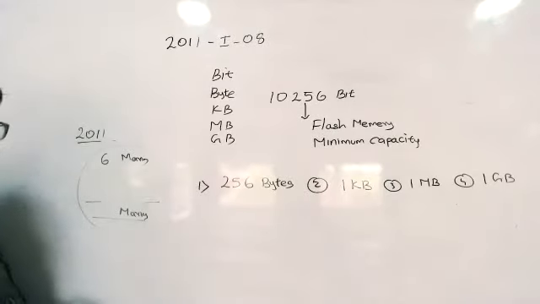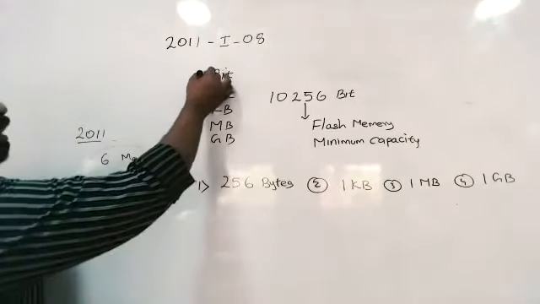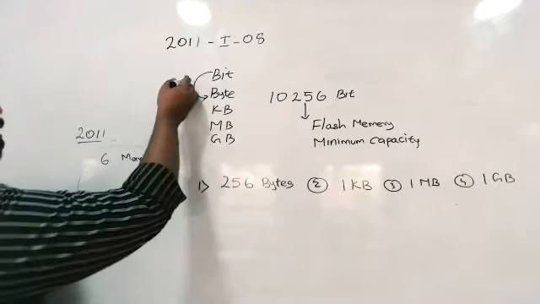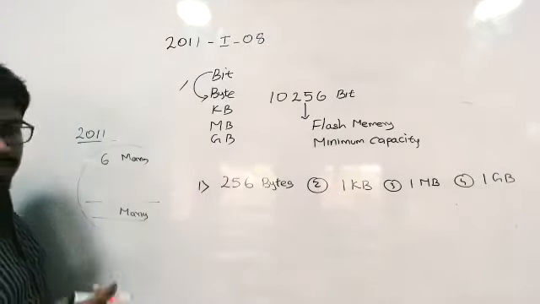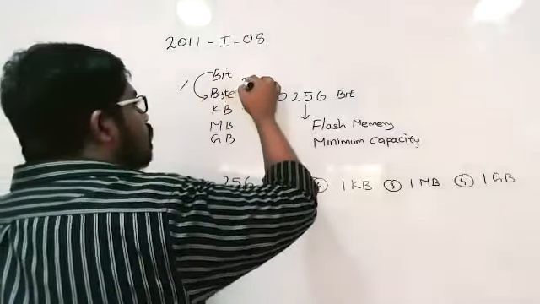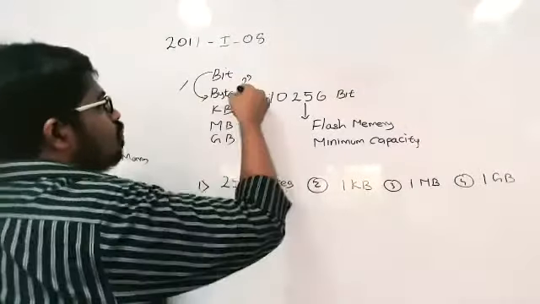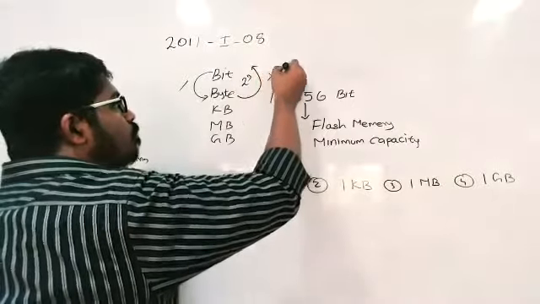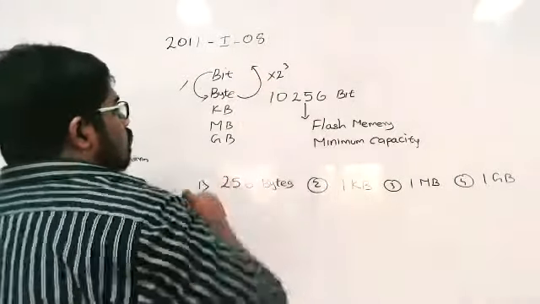10,256 bits to bytes. So from a smaller unit to a larger unit, you have to perform the division. The relationship between the bit and byte is 2 to the power 3. When you go from bytes to bits, you have to multiply by 2 to the power 3.